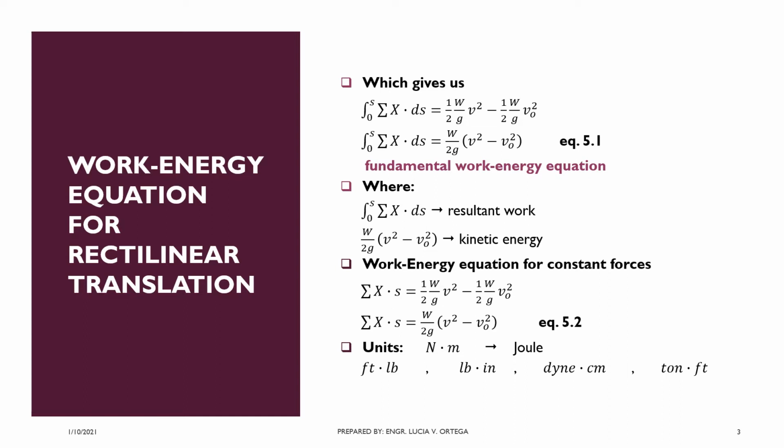That is force times distance, so that would be newton meter, and newton meter is equivalent to joule. Other units for work are foot pounds, pound inches, dyne centimeter, or ton feet. But it is convenient to use newton meter or foot pounds.